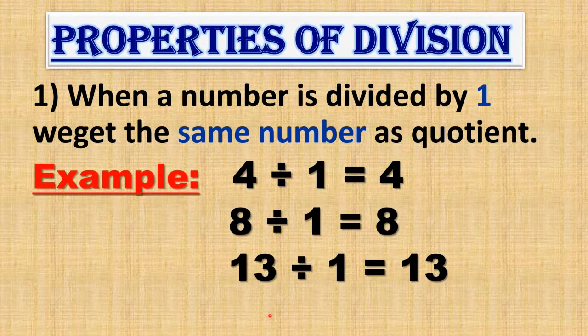Properties of division. First point, when a number is divided by 1, we get the same number as the quotient. For example, 4 divided by 1 is equal to 4, 8 divided by 1 is equal to 8, 13 divided by 1 is equal to 13.